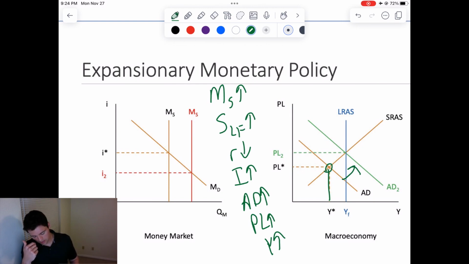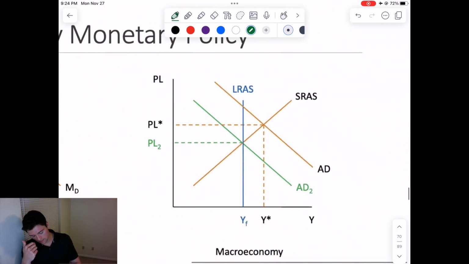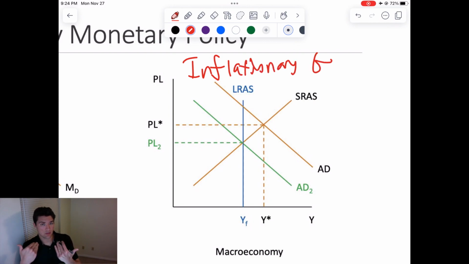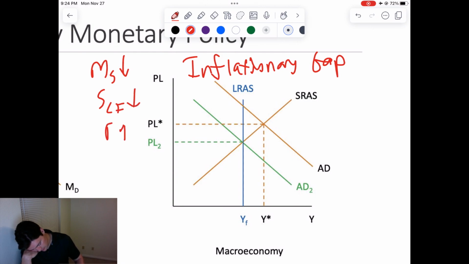We would do contractionary monetary policy because we're in the inflationary gap. And so what you want to do is you want to decrease aggregate demand. So what you'll do is you'll decrease the money supply. This will decrease the supply of loanable funds, increases interest rates, decreases investment, decreases aggregate demand, decreases price level, decreases output.